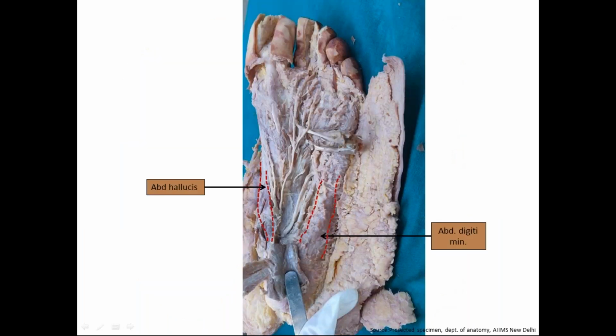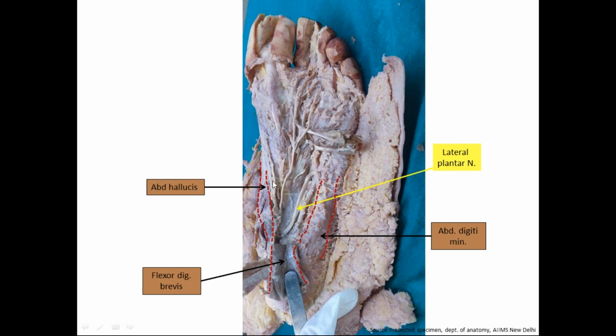Now this is the prosected specimen of the department. Here you can see the abductor hallucis on the medial aspect, the abductor digiti minimi on the lateral aspect, and this muscle is showing the flexor digitorum brevis, which was earlier present in this region, but here it has been cut and reflected towards the posterior aspect. So now you can see the nerve structure over there. This nerve which is running towards the lateral side is representing the lateral plantar nerve.